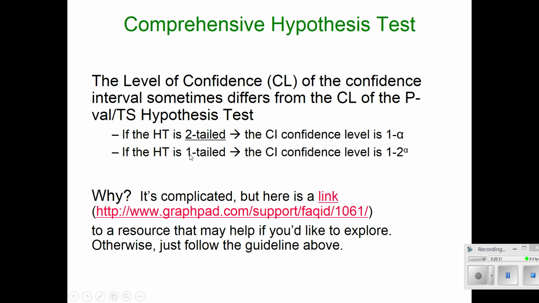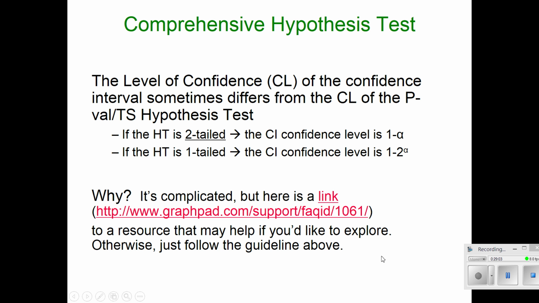Now in the second case, if the hypothesis test is single-tailed and the alpha given is, let's say, 0.10, our confidence level for the interval estimate will not be what we would expect. It will not be the 90% that we are accustomed to. We would actually end up with 1 minus twice the alpha, and I will give an illustration of why, but there is a link here that you can go to if you want to read up on this, if you're really interested in understanding it.